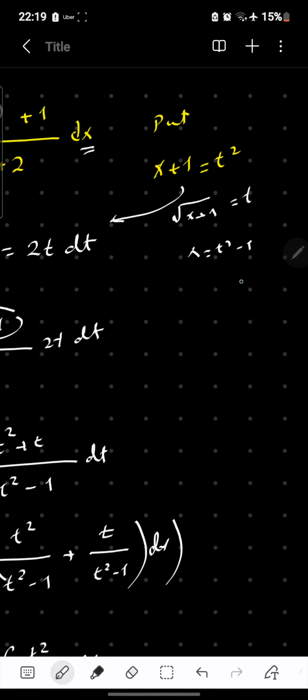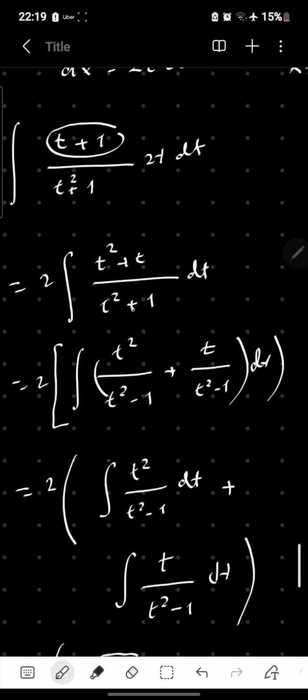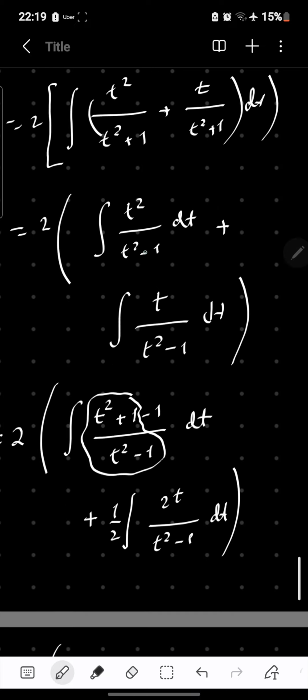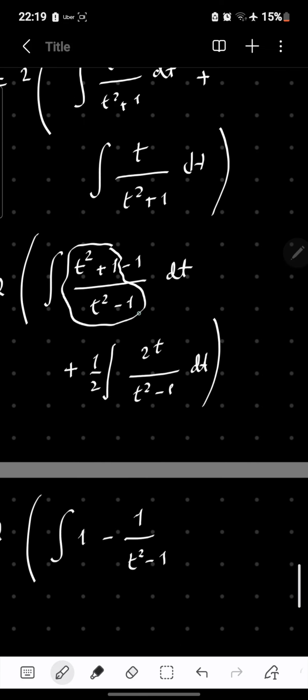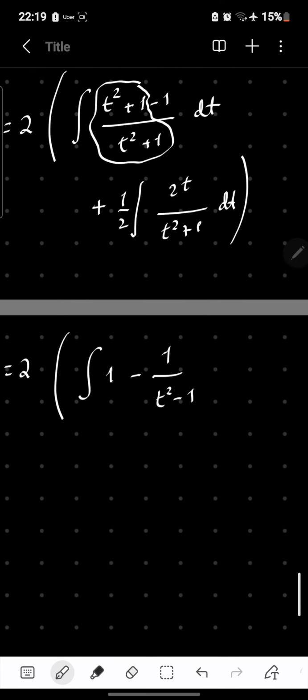Here, we have a small mistake. T squared minus 1, t squared minus 1. So it should be plus 1. Sorry, it will not affect most of our calculations. Only plus. Sorry for this mistake. Because yes, it's plus 1.